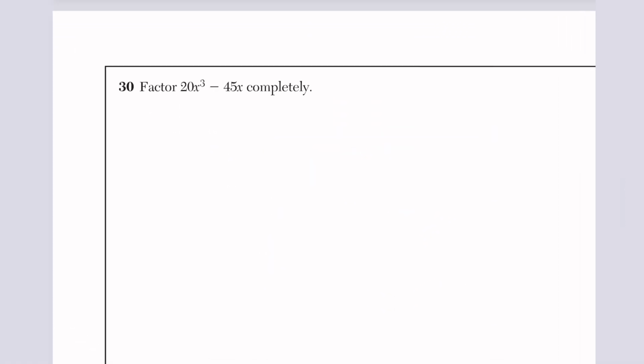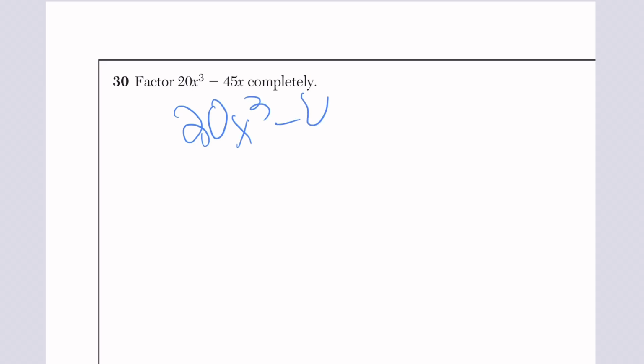Factor this completely. And with these questions, what I like to do first is find the common factor and common variable. So we know that there's an x, and we can only use one x because this only has one x. So we're going to have an x right here. And what factor is common between both of them?